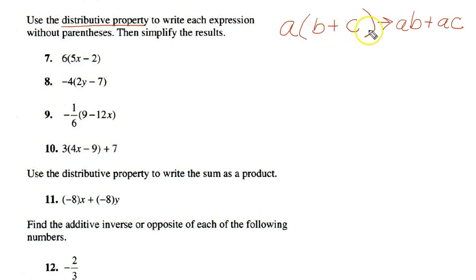Now, we remove the parenthesis by actually doing what this says. Take A and multiply it by each of these terms. So, A times B is AB. A times C is AC. Now, if this were a negative, then this would be a negative.